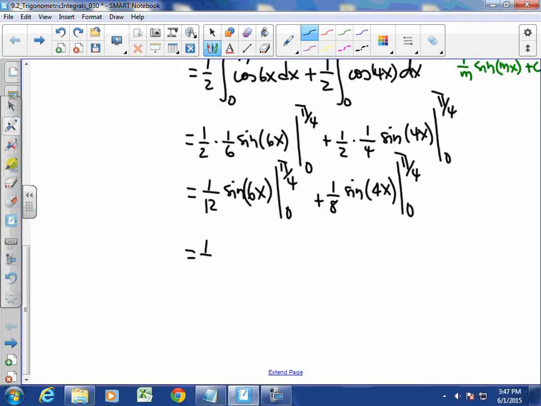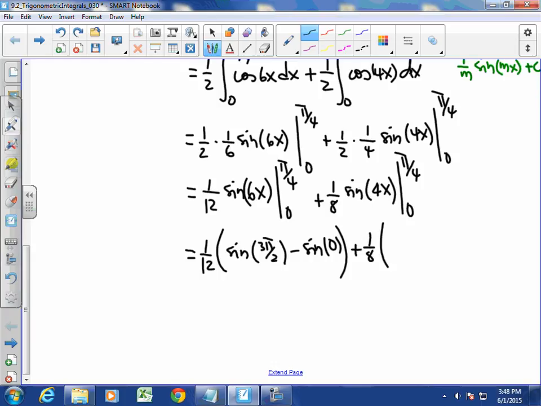So 1 over 12 parenthesis sine of 3 pi over 2 minus sine of, replace x with 0, we get sine of 0, so plus 1 over 8.